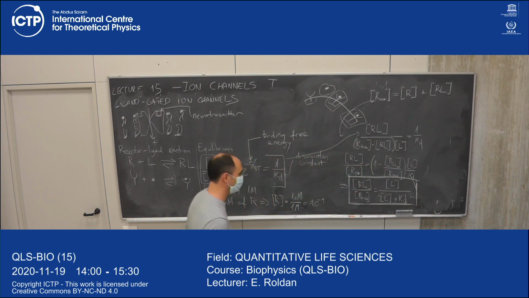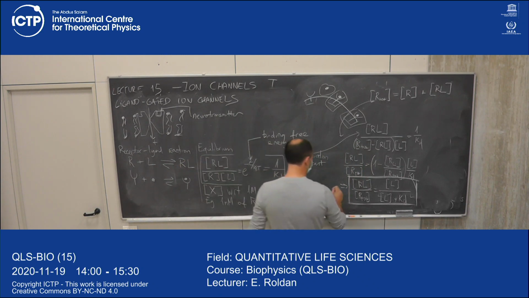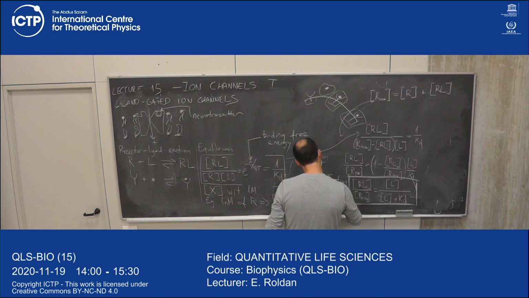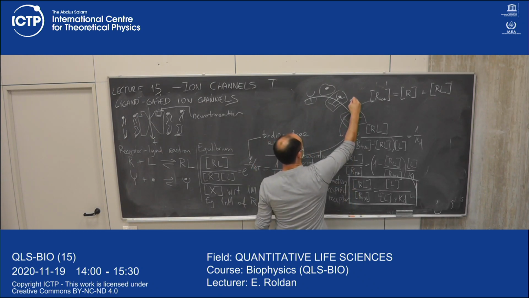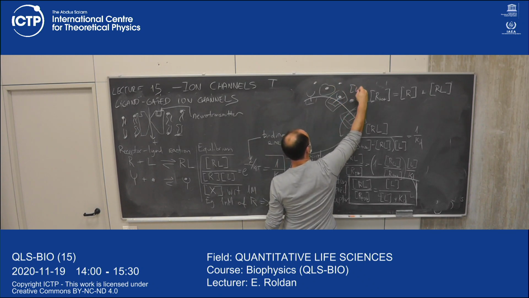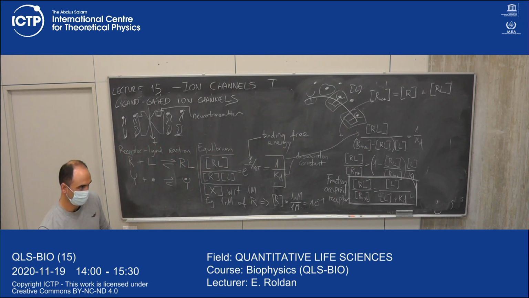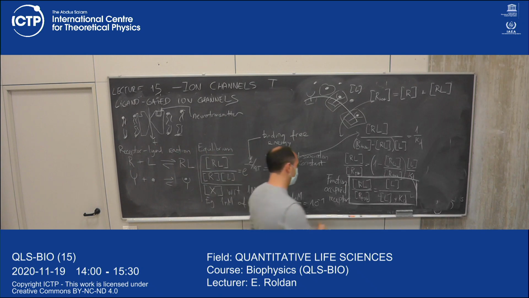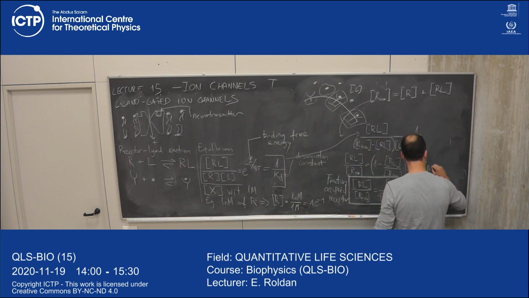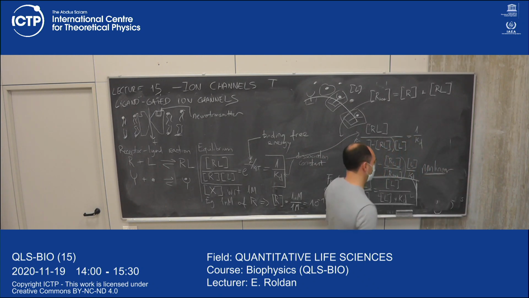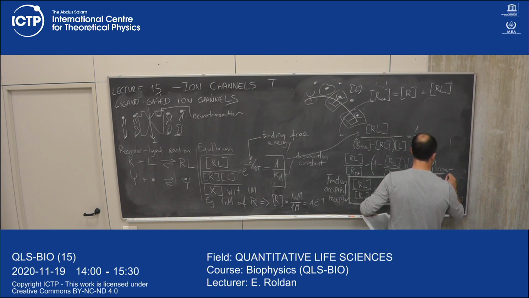So the fraction of occupied receptors depends on the concentration of ligand, which is outside, in a nonlinear way. This is a nonlinear dependency. And there are a lot of nonlinear phenomena in biophysics, nonlinear with the concentration of ligands.